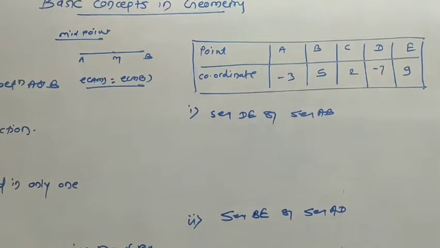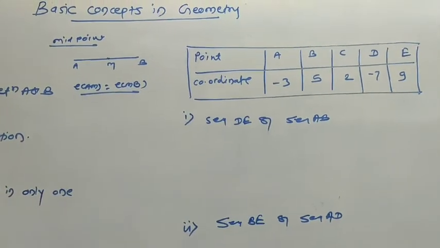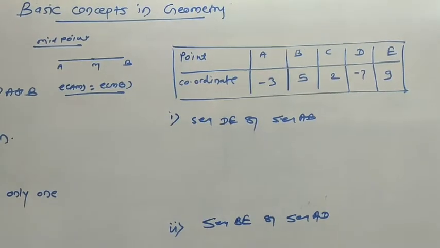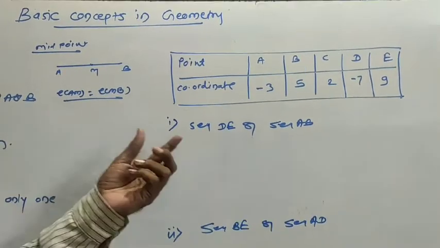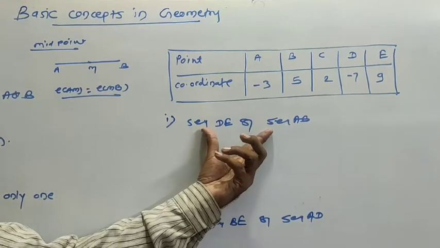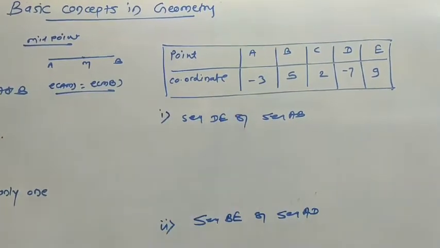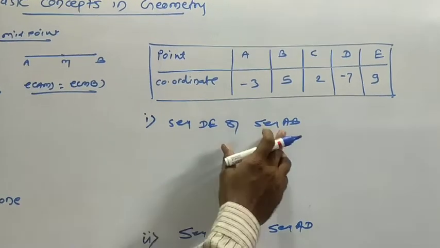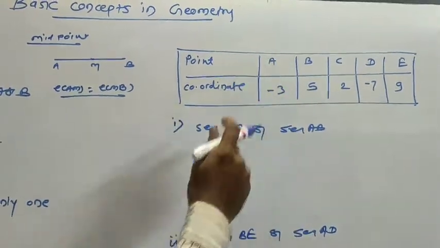In exercise 1.2, our first question is like this. A table is given, and we have to show whether these two segments are congruent or not. Now look here, segment DE and segment AB.